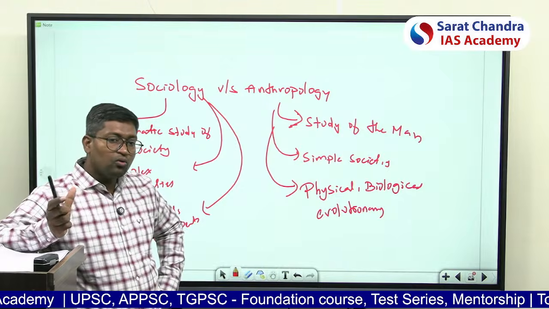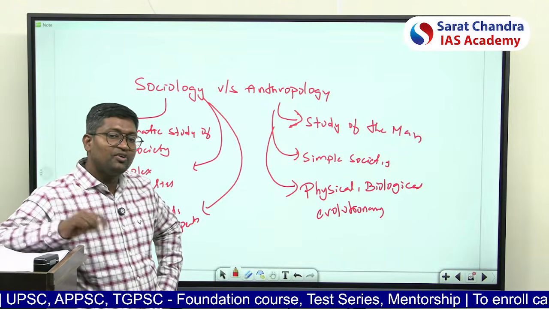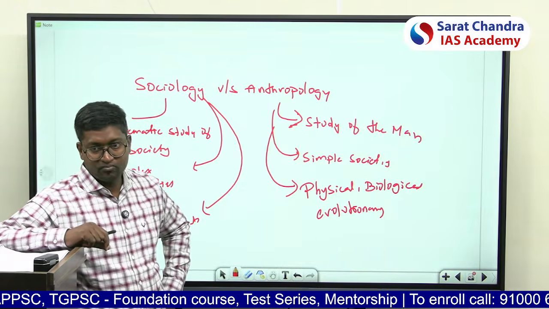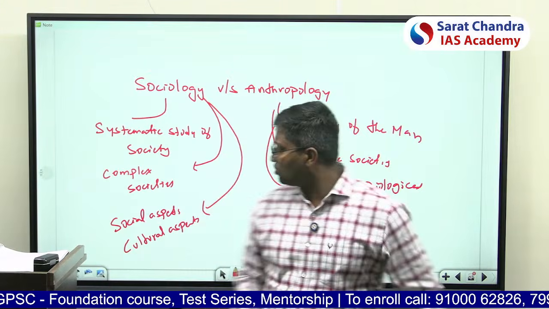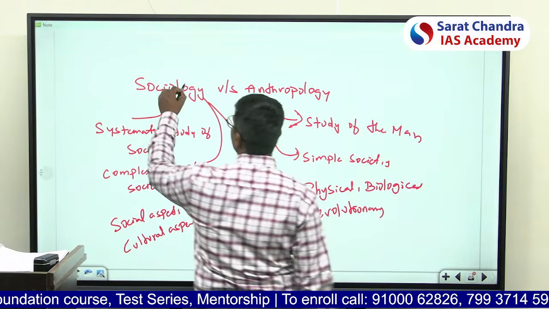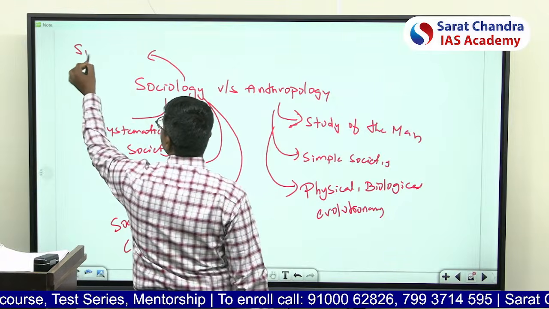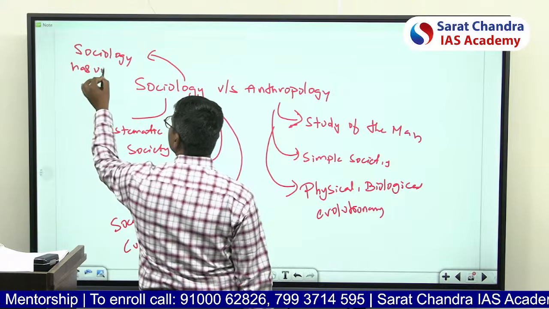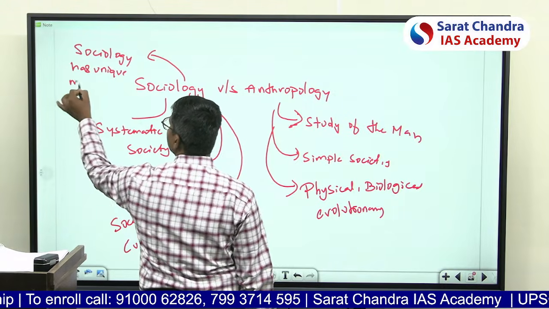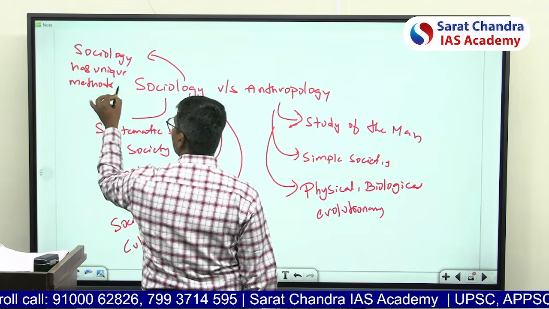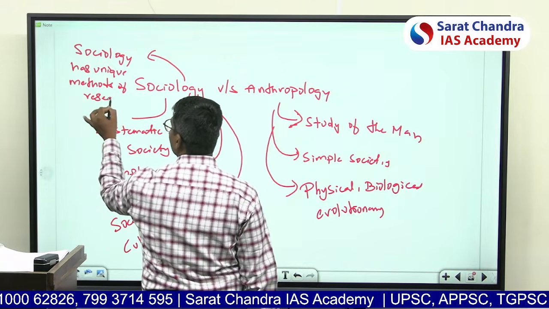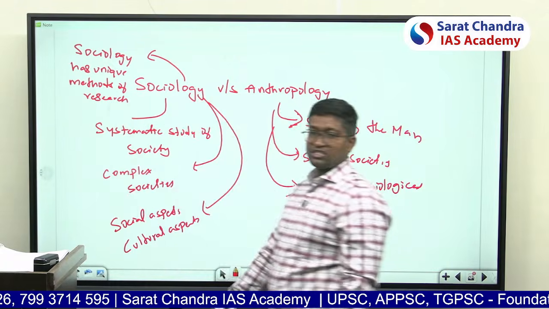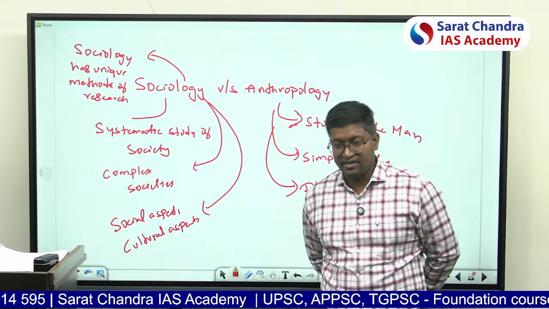Now, how can you talk about similarities between sociology and anthropology? Differences you can also talk about. Sociology has unique methods of research. In methods of research, sociology and anthropology are also different.